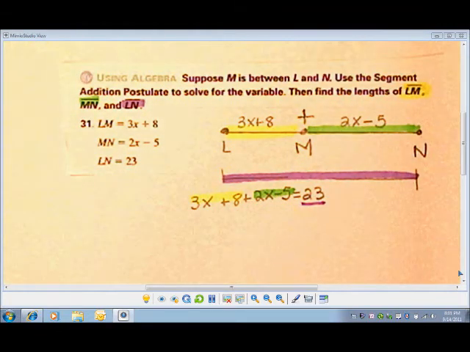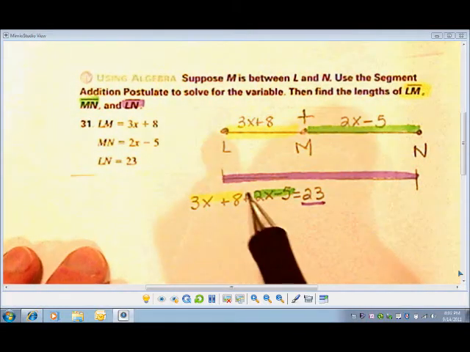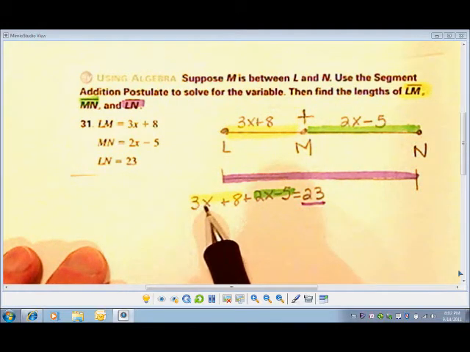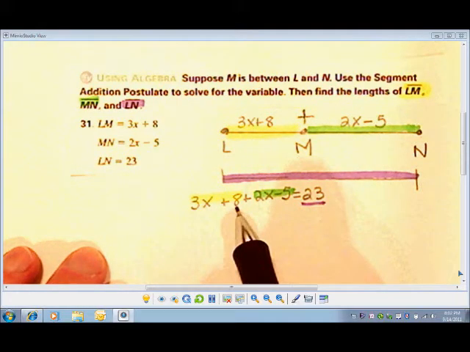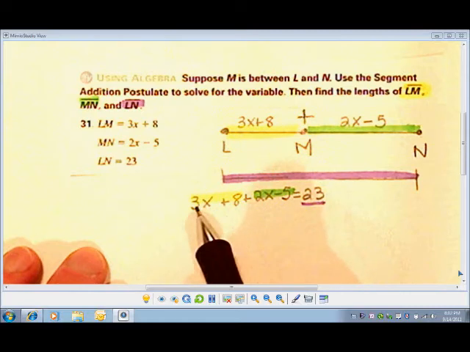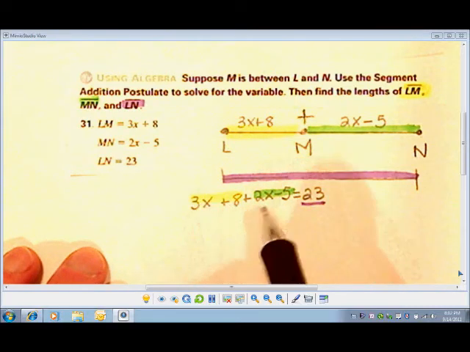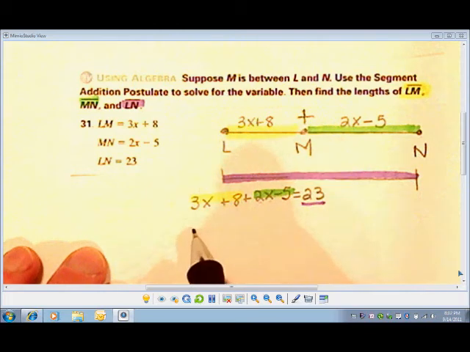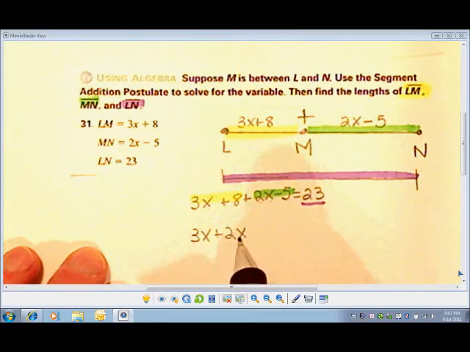Okay, now we get to do some algebra. So we can only add like terms. So this is a 3x. I can't add that to an 8 because this has an x in it. That doesn't. But here's another x, a 2x. So let's rewrite this as 3x plus 2x. So those are like terms.